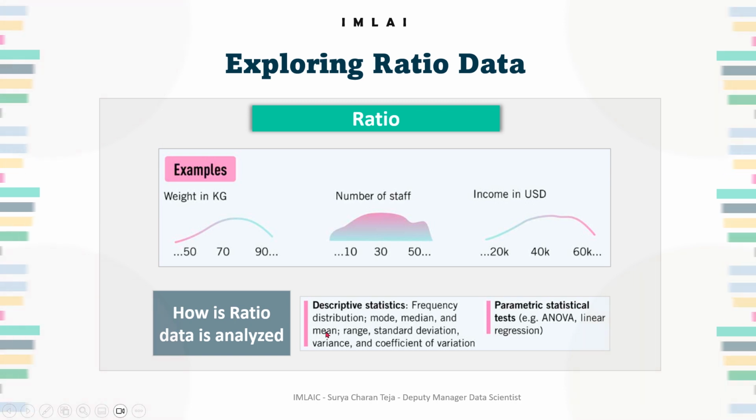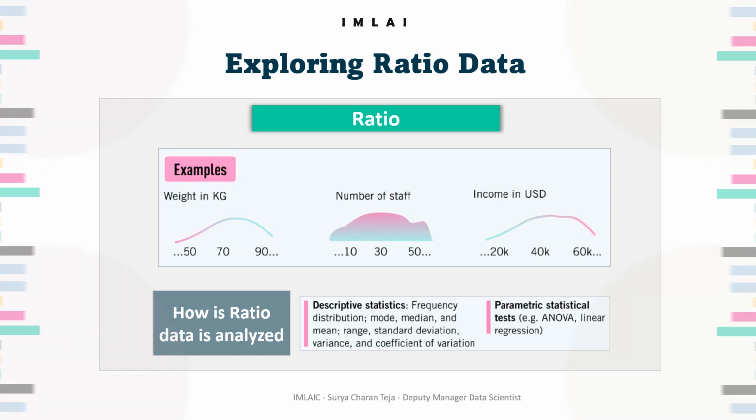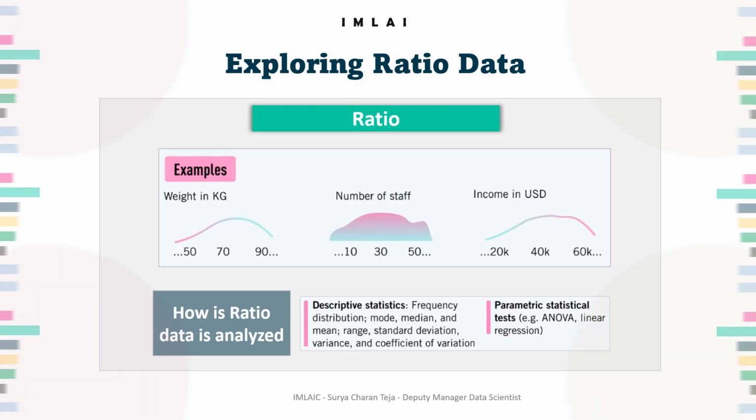The mode, median, and mean are all measures of central tendency which help you to gauge how your data are distributed. Then the final one we have is measure of variability.